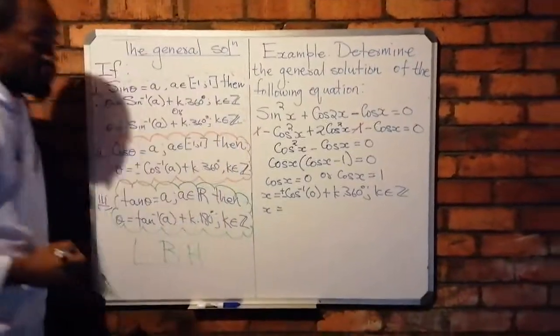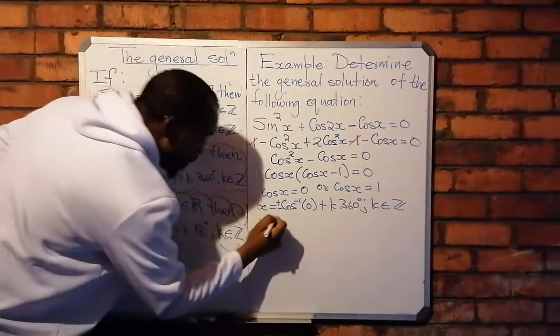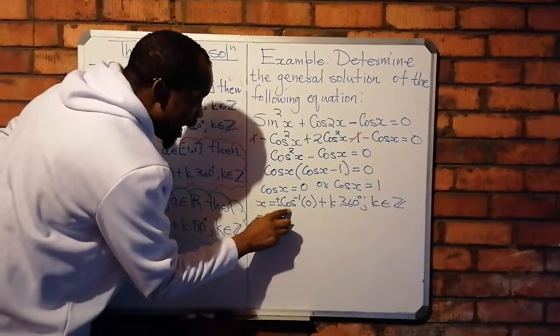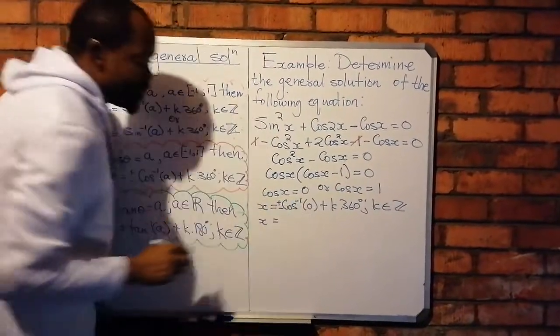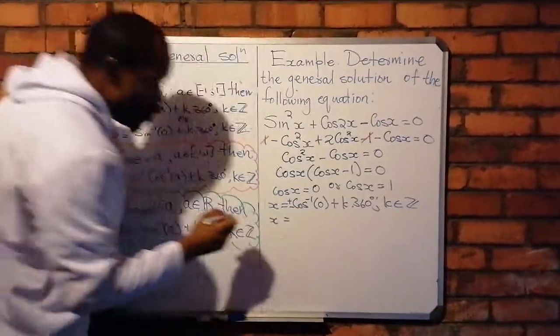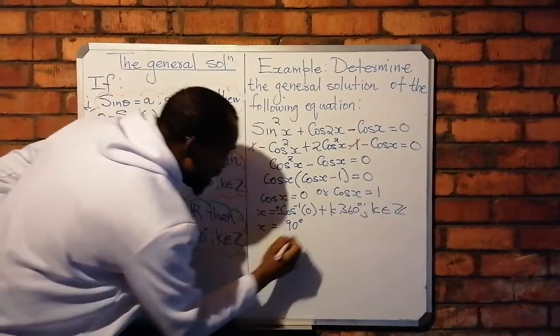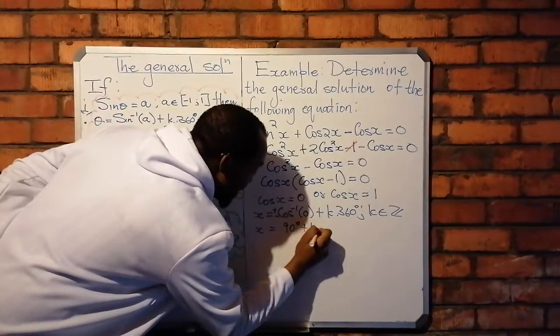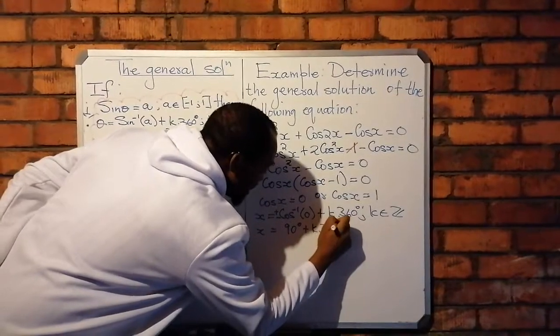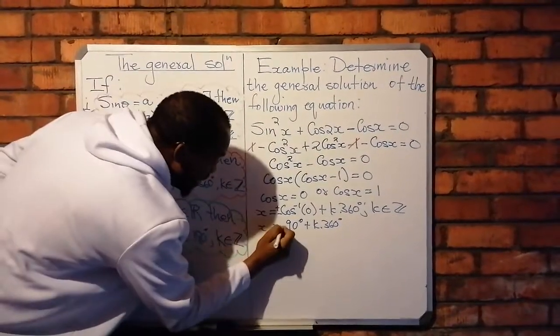Now, you take your calculator, you push arc cos of 0. Arc cos of 0 would be 90 degrees plus k times 360 degrees. Please now remember it is positive or negative.